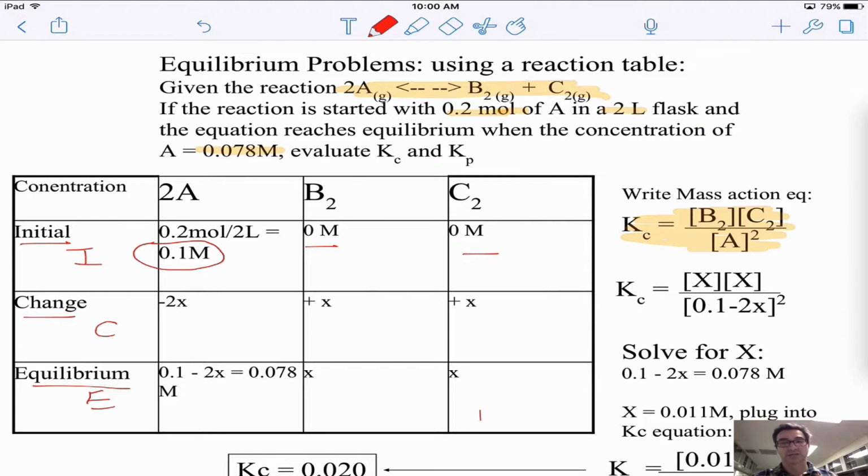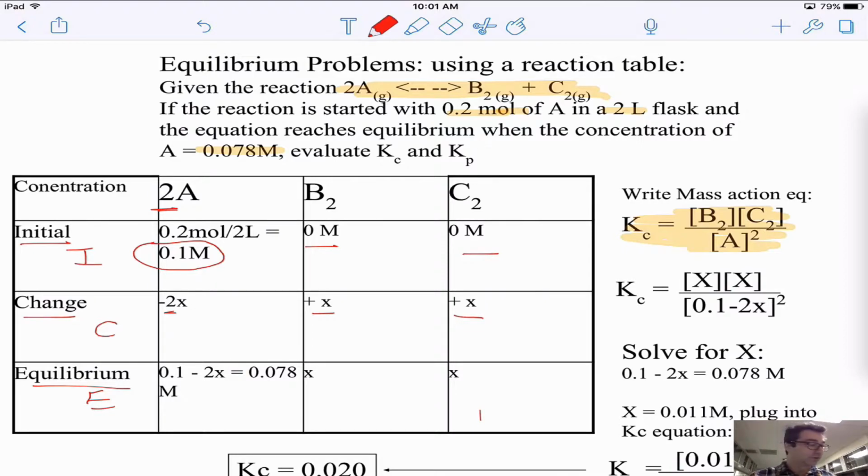And I always put changes in terms of x. So I'll put the change for A as minus 2x, because the coefficient of A is 2. B is 1x, and C is 1x. Now notice I have a negative sign for the A, showing that it's decreasing, and a positive sign for B and C, because those are going to increase.